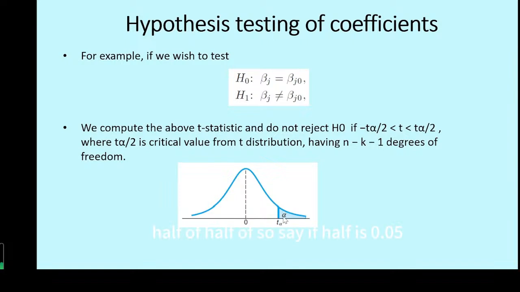So say if alpha is 0.05, so this area will be 0.025, and the other side also. So if the t value is very large or very small, then we will reject the null hypothesis and favor the H1 alternative hypothesis, which means we conclude beta j is not equal to this specific value.